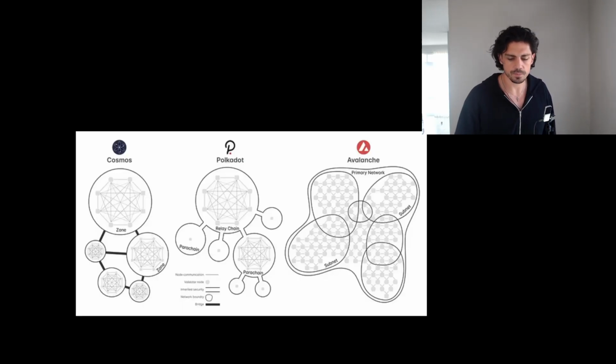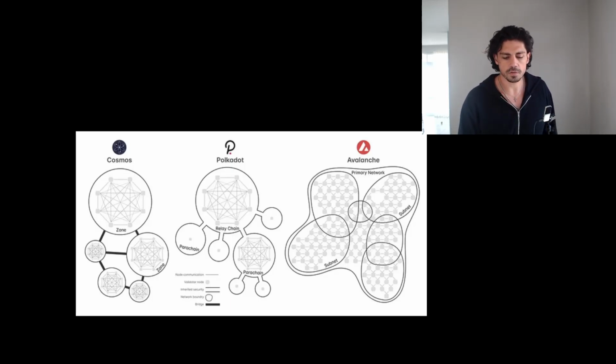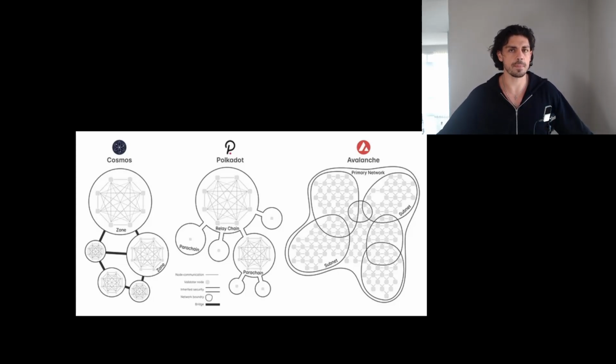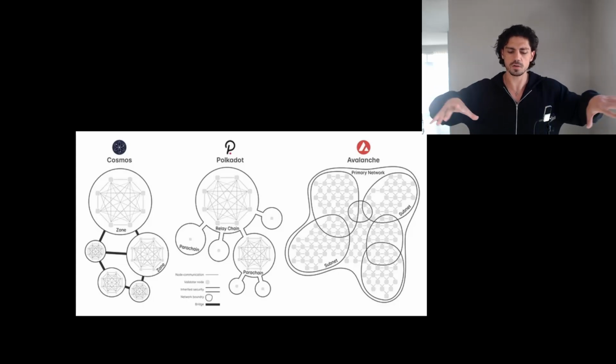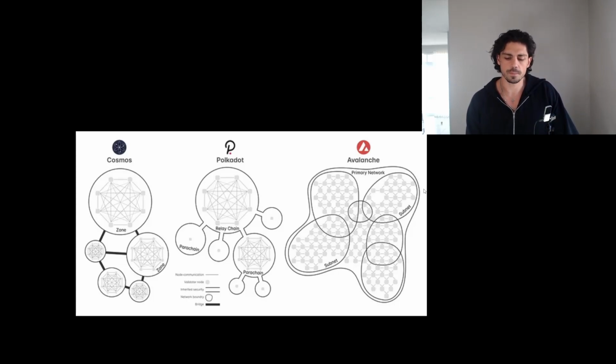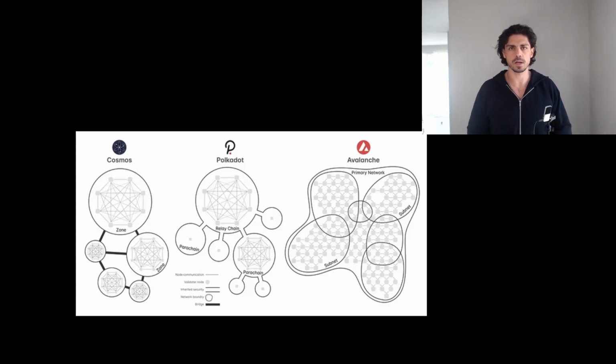Okay. So let's talk about these horizontal scaling solutions that allow the Cosmos, Polkadots, and the Avalanches of the world to deploy alternative blockchains on top of themselves. But really, it's a horizontal scaling solution. So you can see that the Avalanche network, when you visualize how its subnets work, you can think about it like a cell, right?